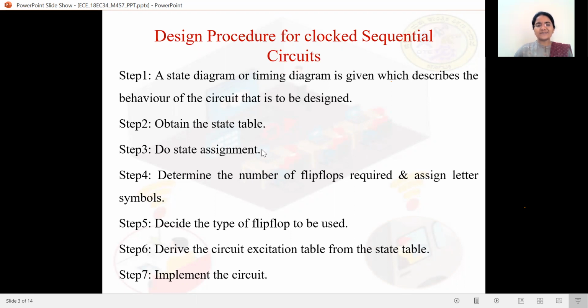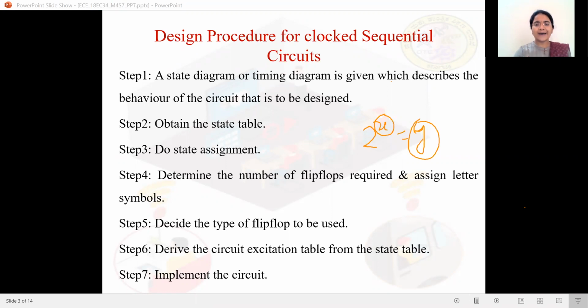By knowing the number of states, we can find out the number of flip-flops required. That is 2 power x is equal to y, where x is the number of flip-flops and y is the number of states.